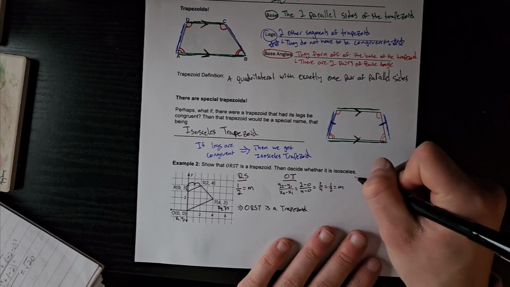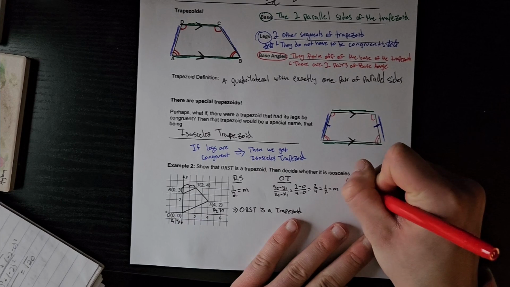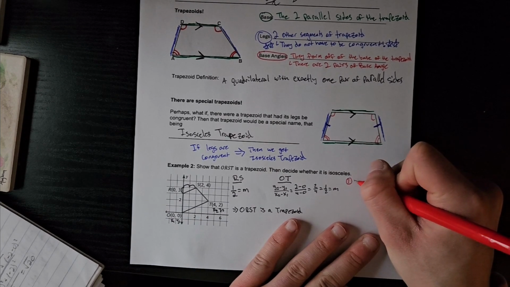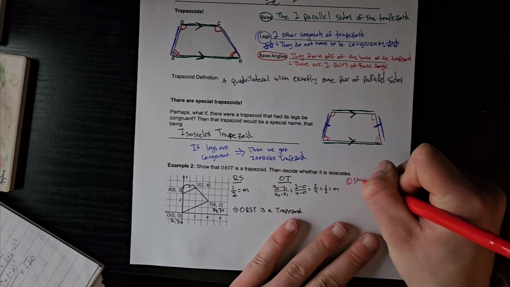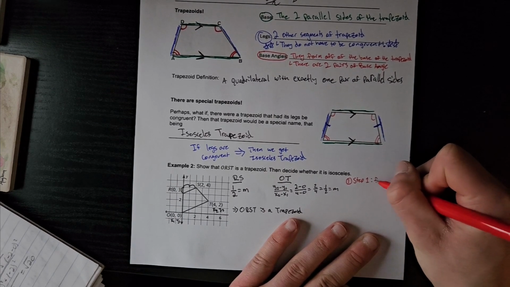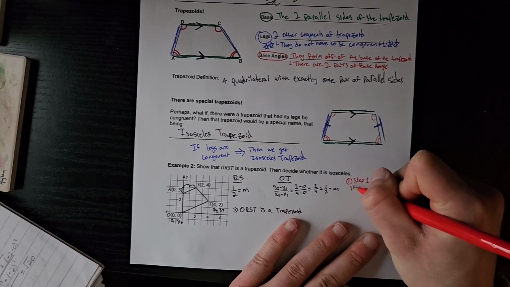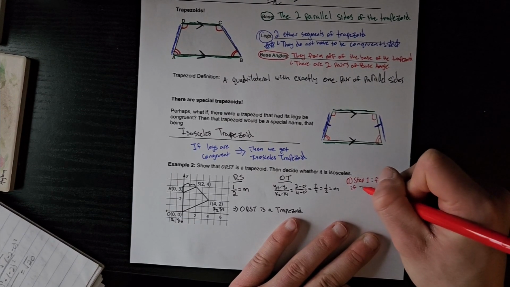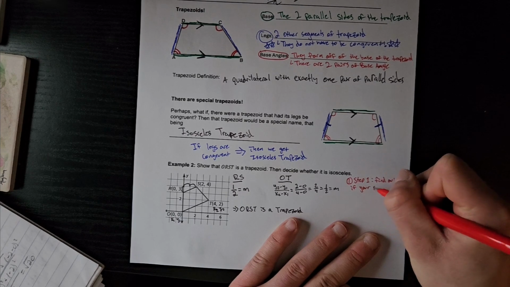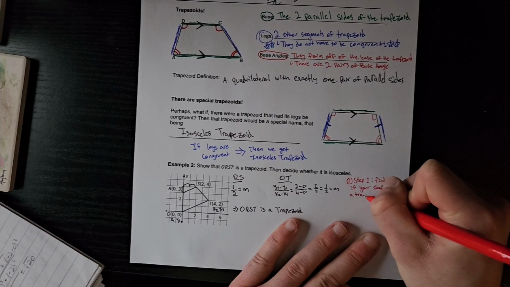I guess I should write steps for what I'm doing. So, step 1: find out if your shape is a trapezoid.